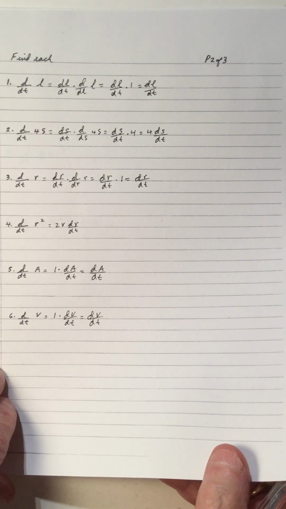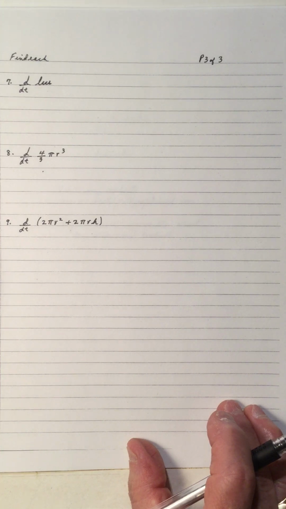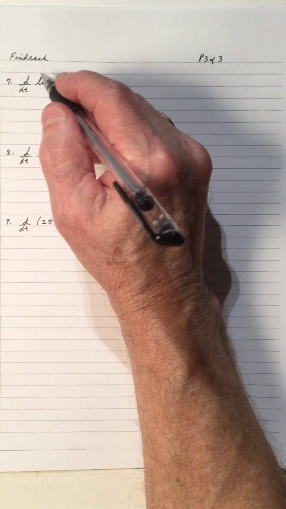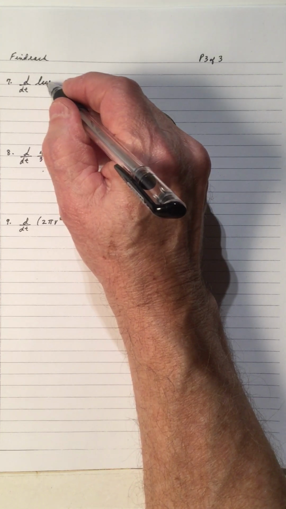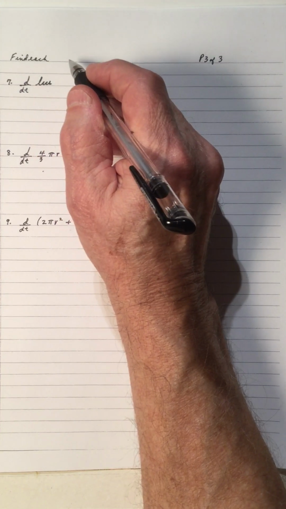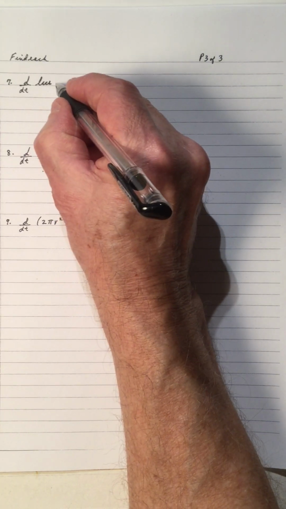We'll do some more examples to make sure. What about the derivative of L times W, which could be interpreted as length times width, in terms of t? This is a product rule, because it's a product.